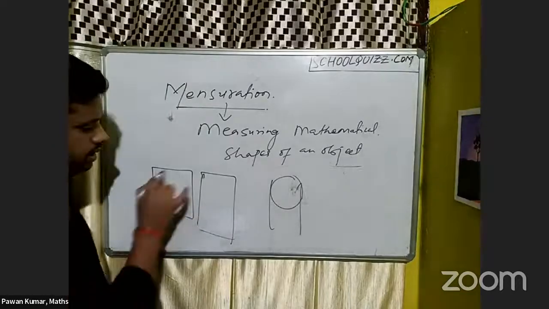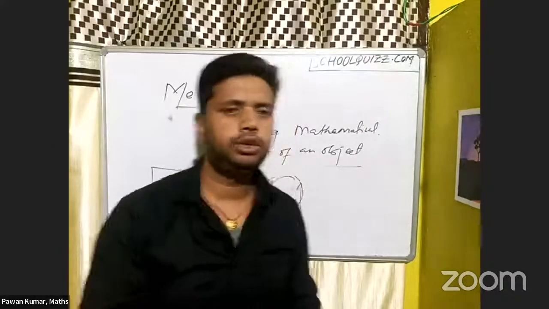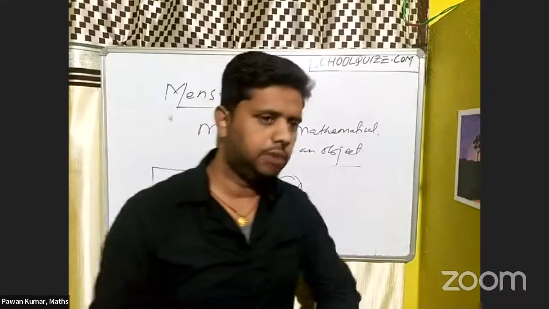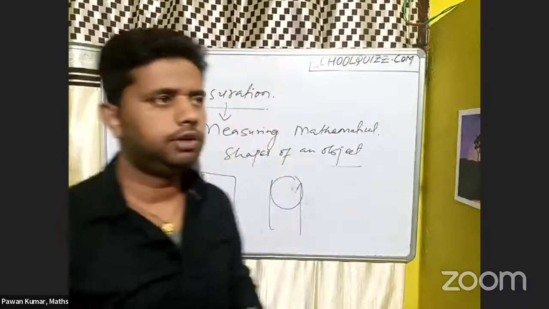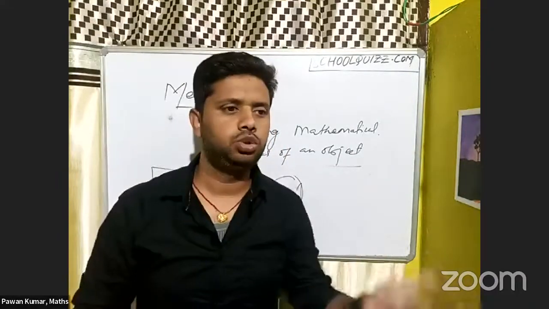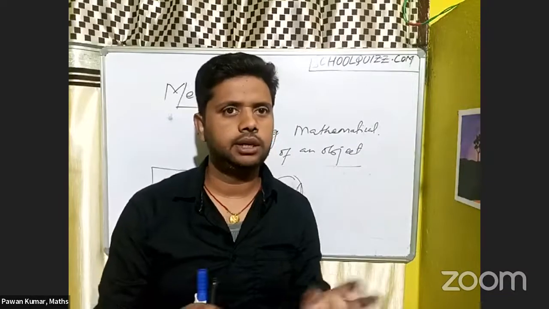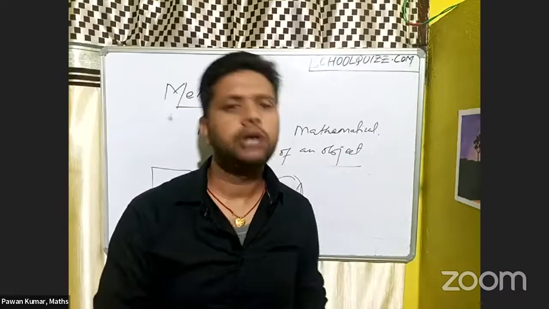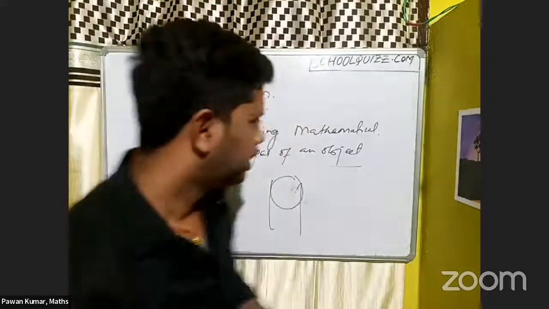So if I want to construct a building, how much can I keep there? Suppose I want to fit two tables and two beds in one room, how much area do I need so I can build my room accordingly? So I need the perfect measurement so I can build those things exactly. So that is the purpose.